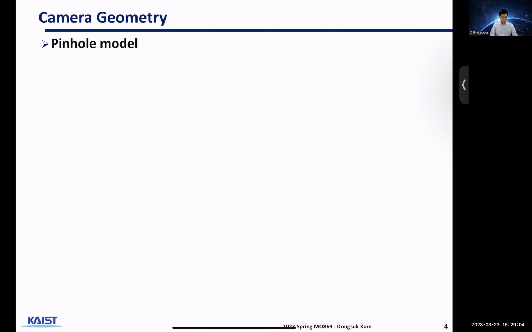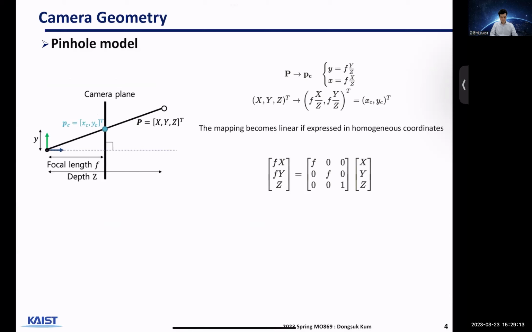So camera geometry: the most widely used model is the pinhole model to describe the camera parameters, intrinsic and extrinsic parameters. Here we're going to introduce the intrinsic parameters first.